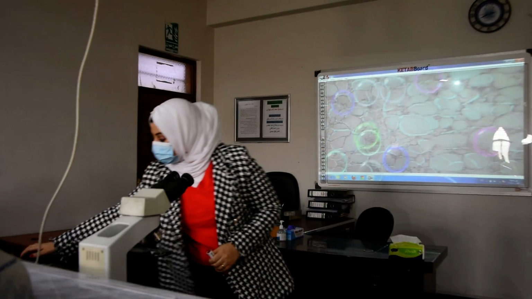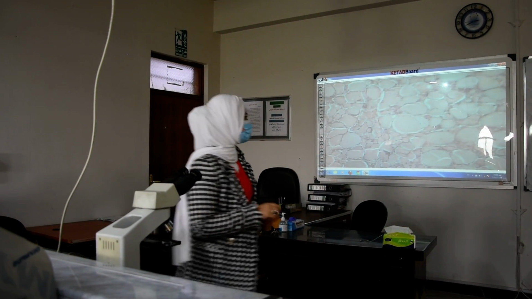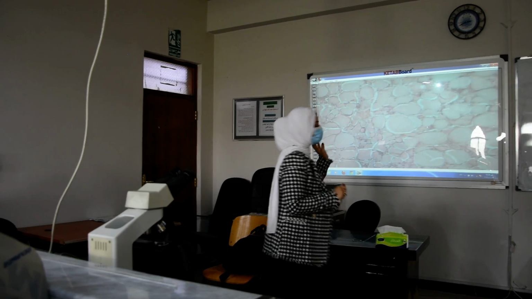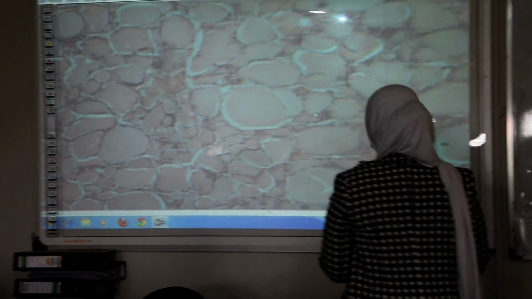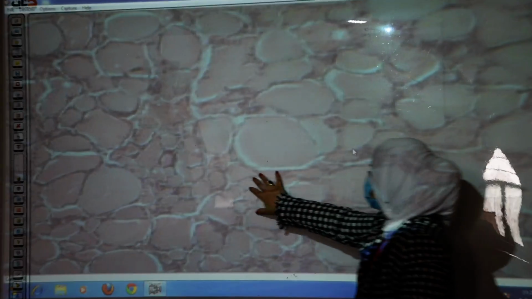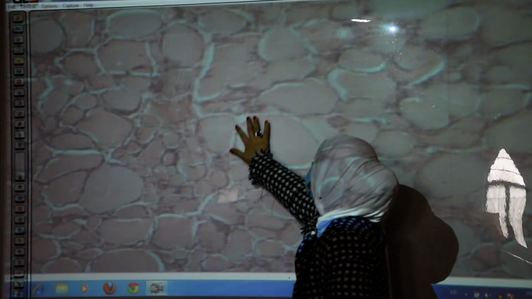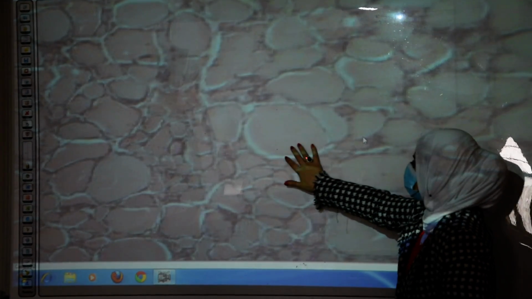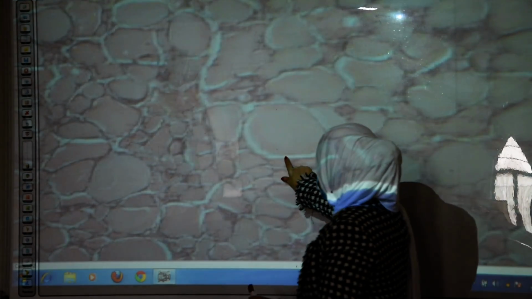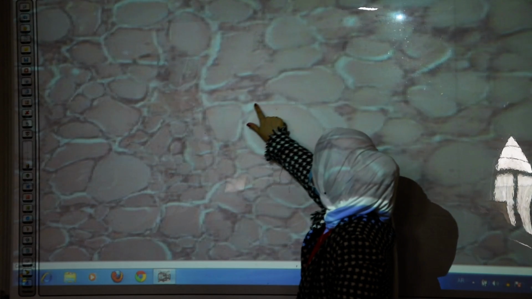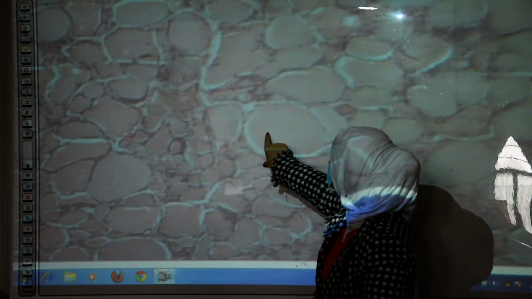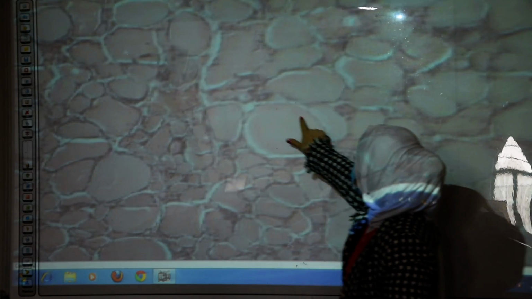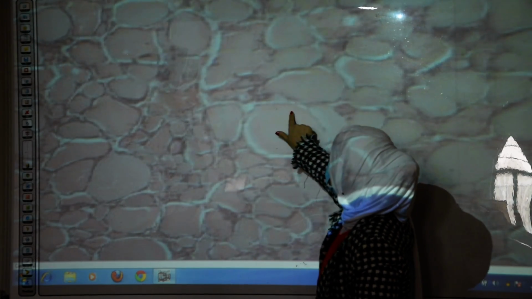So the main composition of this gland histologically is parenchyma containing main cells called follicular cells. Okay? These follicular cells surround a colloid-filled lumen.